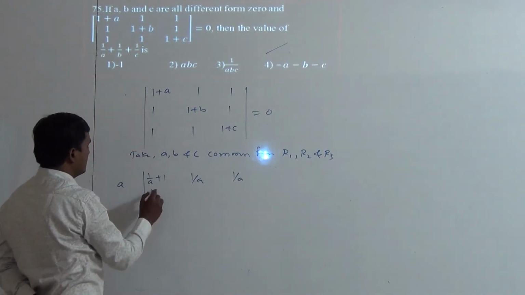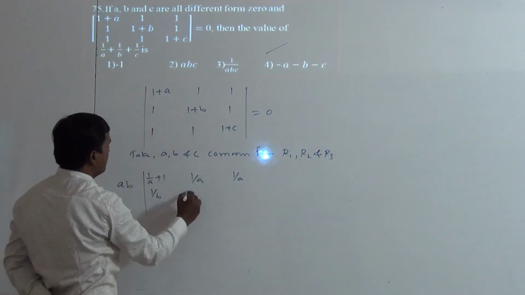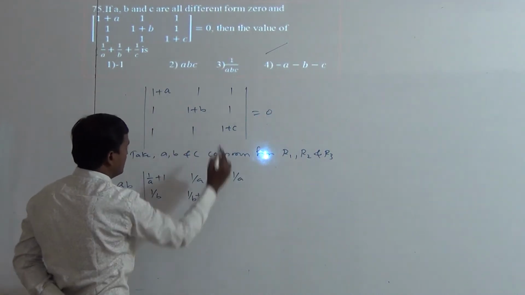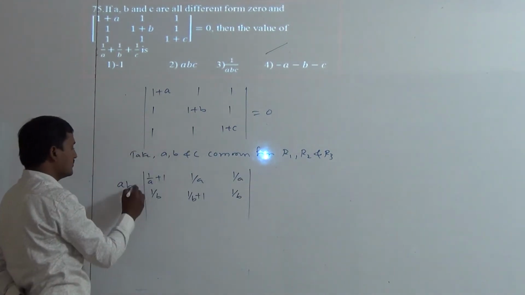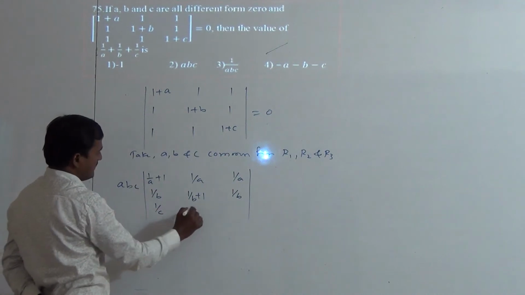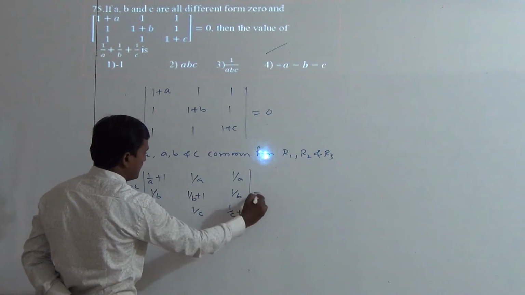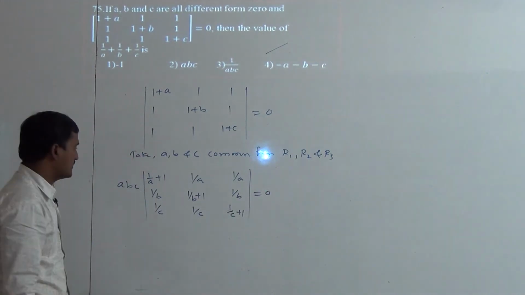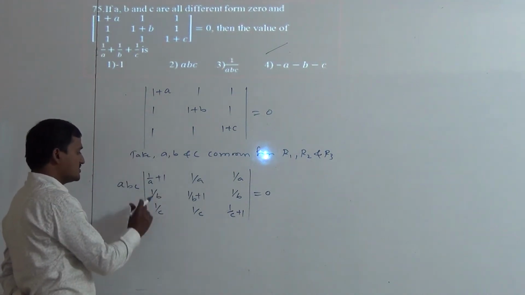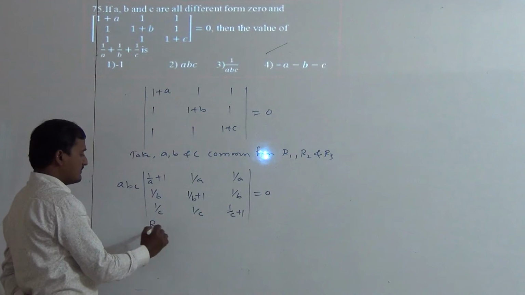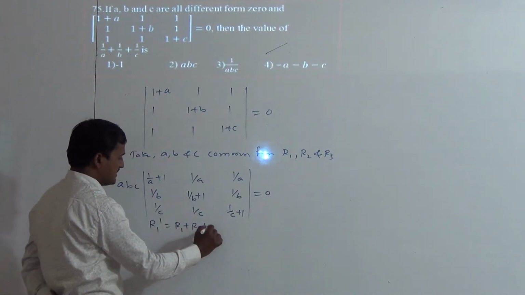Take b common from the second row: 1 by b, 1 by b plus 1, 1 by b. Take c common from the third row: 1 by c, 1 by c, 1 by c plus 1. This determinant is equal to 0, right? Now I have to apply the elementary operation. Clearly I will apply r1 dash is equal to r1 plus r2 plus r3.